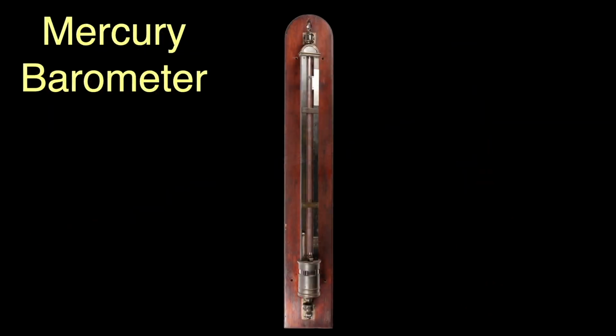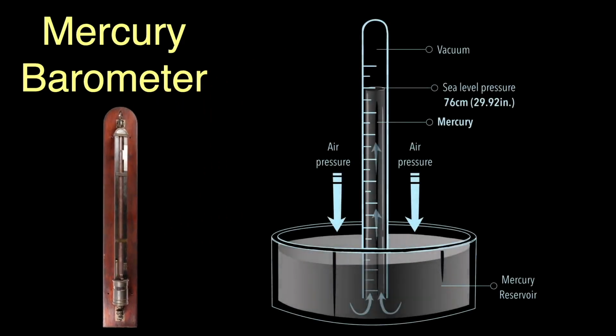Before our age of digital, well, everything, atmospheric pressure was often measured with a mercury barometer like the one you see here. It's really a simple device in principle. You fill a 1-meter closed-end tube completely full of mercury and invert it into a mercury reservoir.